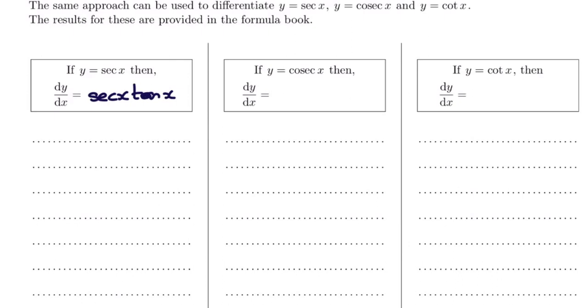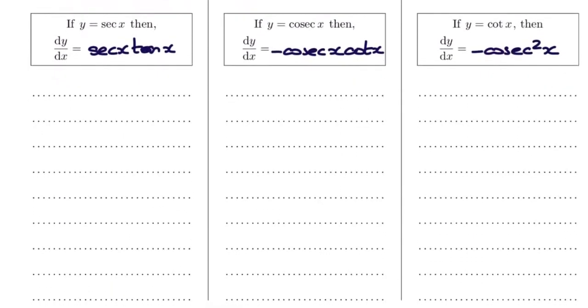Cosec x becomes negative cosec x cot x. And cot x becomes negative cosec squared x. And you could be asked to show that in the exam. Instead of quoting the formula book, you could be asked to show that. So we'll just have a little look at a couple of them.